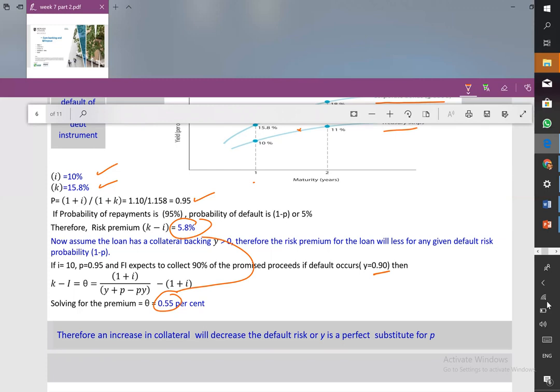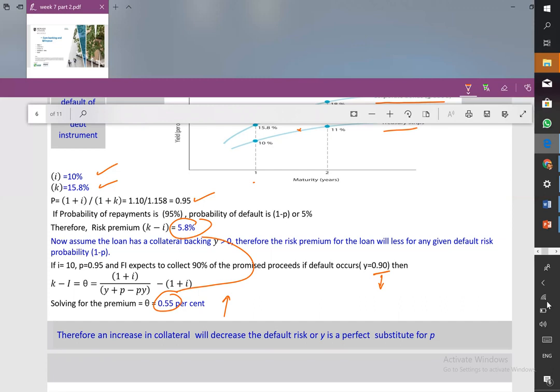This is because we guarantee 90% of our loan is coming from the collateral if it defaults. Now, what if this goes down, say to 50%? For sure the premium will go up.